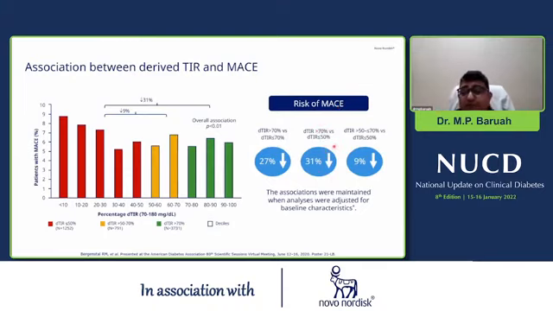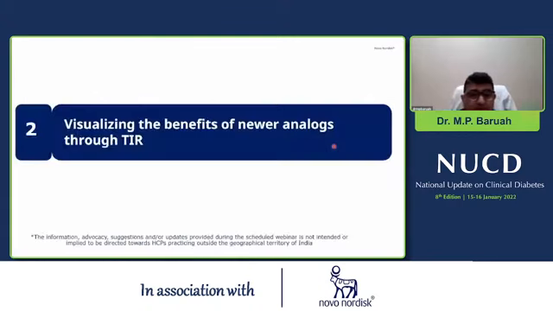So probably for macrovascular complications, the cutoff would be in future a time in range of 50%, because they are anyway having a comorbidity, which I have shown in one of the previous slides, that you can be less stringent in patients with various comorbidities, elderly population, and also with known cardiovascular risk, advanced risk factors. The cutoff may not be 70 or 50%.